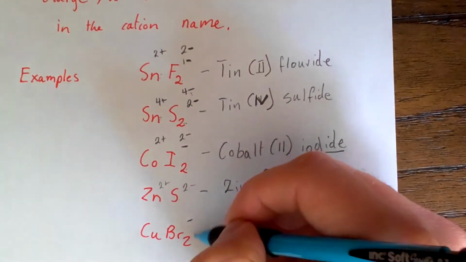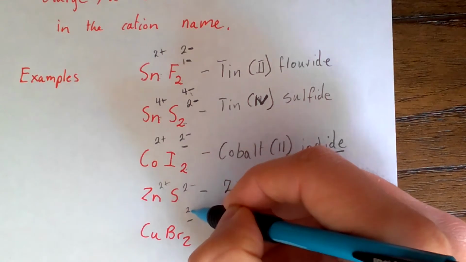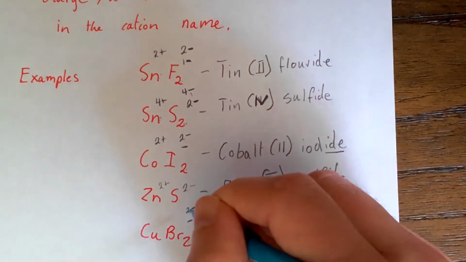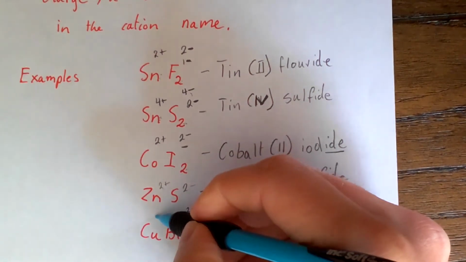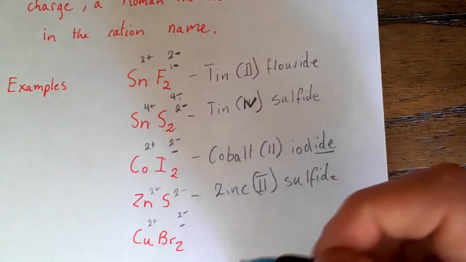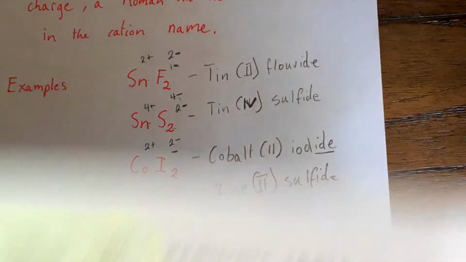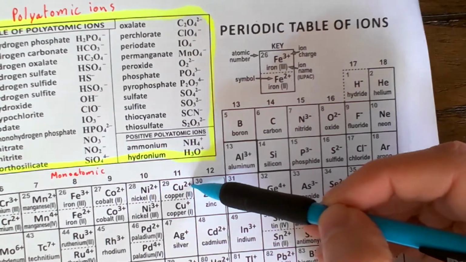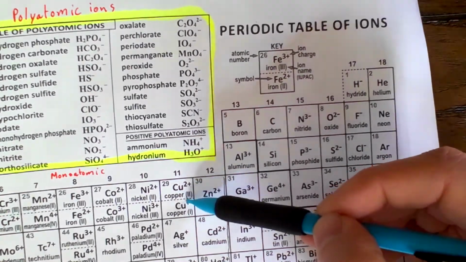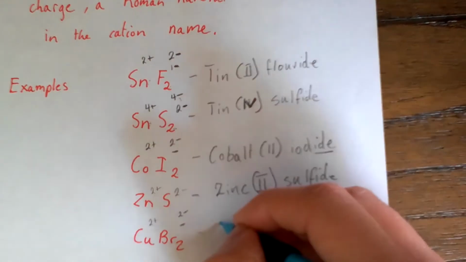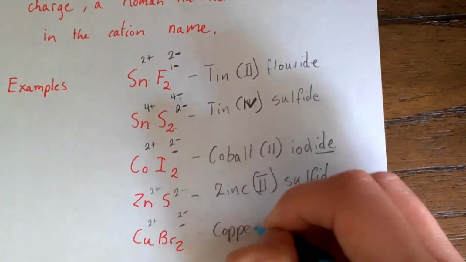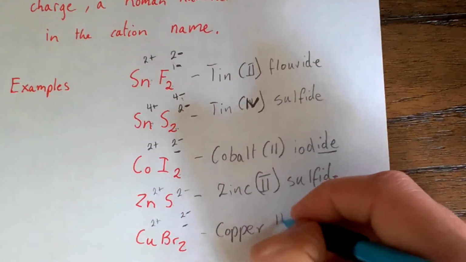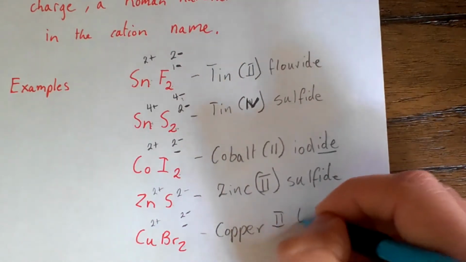And 2 times negative 1 is negative 2. So what will cancel out a negative 2 charge? The answer is a 2 positive charge. So what type of copper is this going to be? This is a copper that has lost 2 valence electrons, so it's copper Roman numeral 2 bromide.